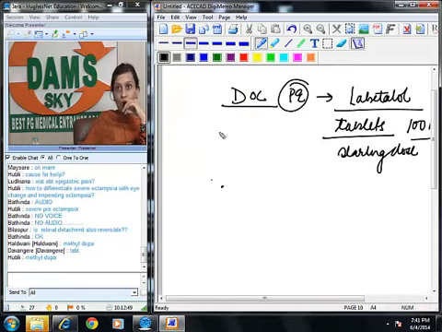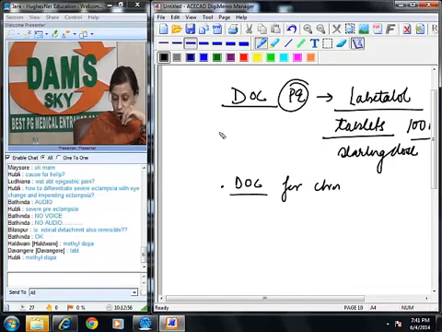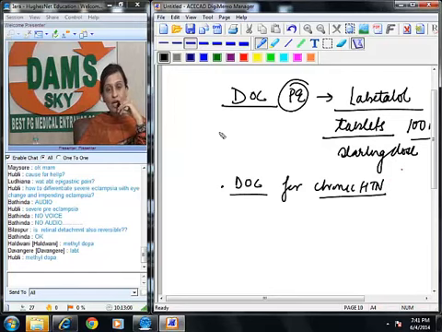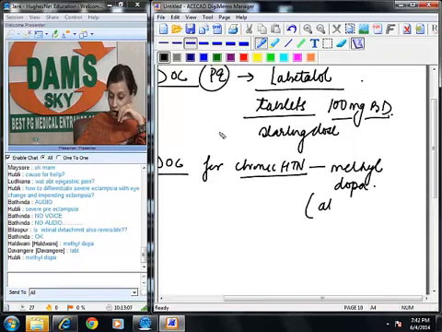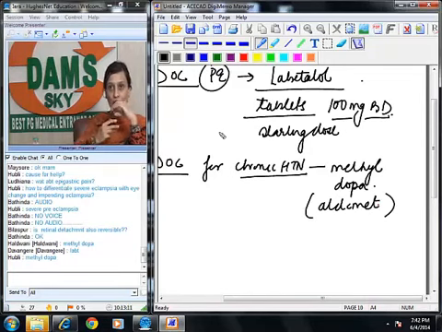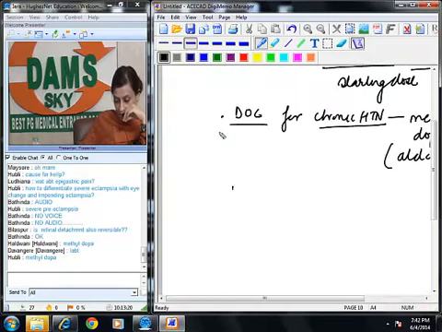Next they will ask you, and it is very important from the MCQ point of view as well, what is the drug of choice for chronic hypertension? When they specifically say chronic hypertension, then the answer is still methyl dopa or aldomet. So methyl dopa is the drug of choice for chronic hypertension, whereas labetalol is the drug of choice for preeclampsia.